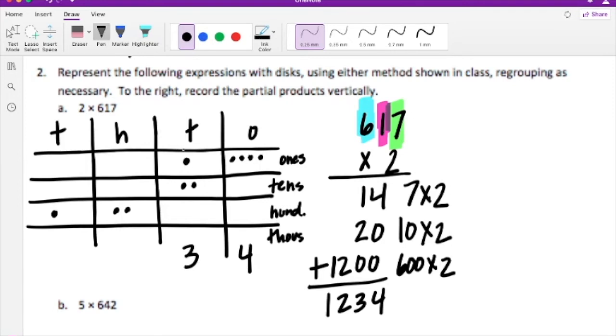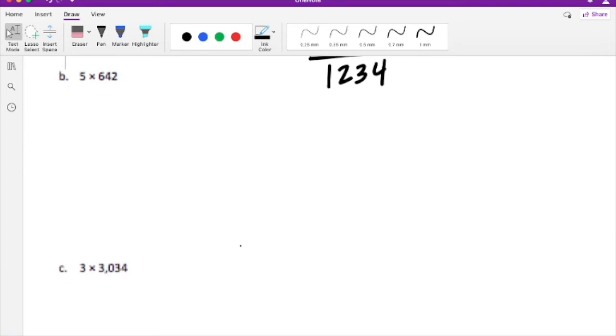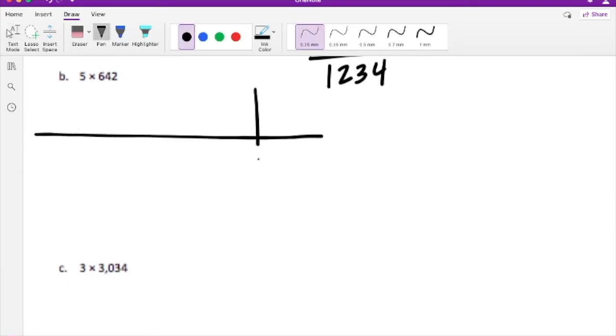That 110 came from the ones product, right? And then the 2 tens from the tens product. 2 hundreds and 1,000. 1,234. All right. For this next one, I'm going to make the chart again. And again, I'm just recording the products.